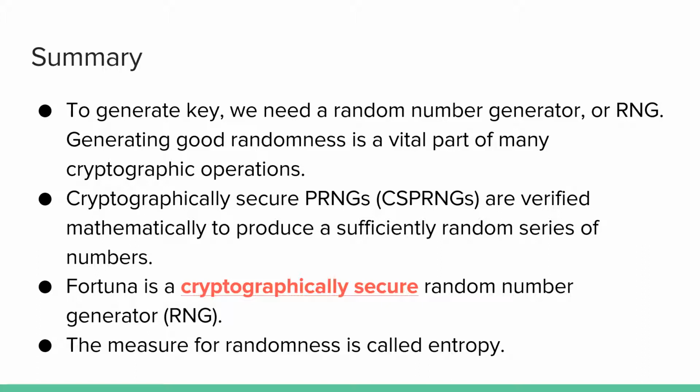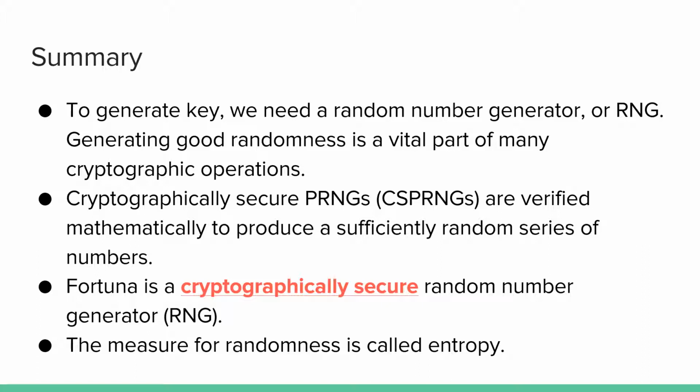And if an algorithm can generate a large number of random numbers, such that predicting the next random number becomes really hard, then they're called cryptographically secure PRNGs. And they're verified mathematically that they can produce a large number of random numbers. Fortuna happens to be such an algorithm. And the measure of randomness is called entropy. So we can say that the entropy for Fortuna is high.